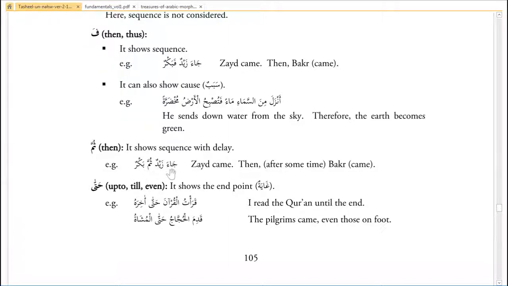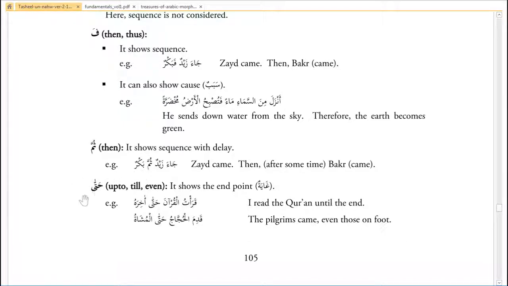What does it mean? Zaid came, and after some time, Bakar came. The thumma indicates that he came later after Zaid. Yani, after a while, Bakar came.